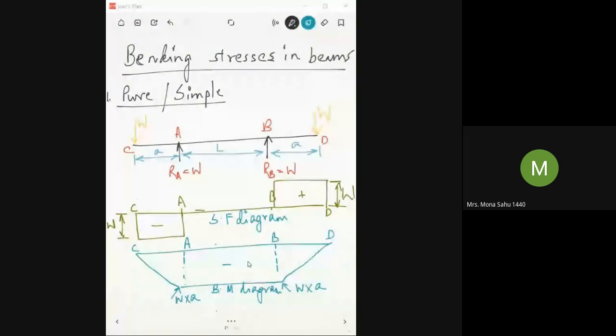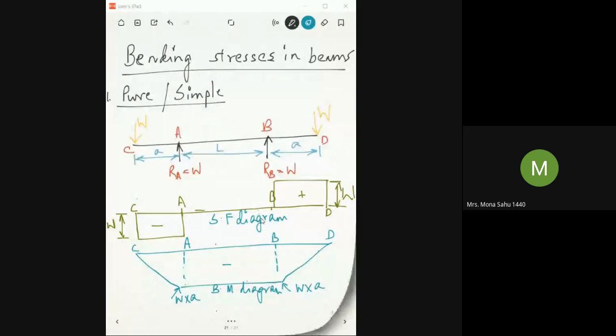So on this length of the beam, that is AB, stresses are developed, and those stresses set up on that length are known as bending stresses. And this length of the beam is also said to be under pure bending or simple bending. Okay, so it's a very simple concept.